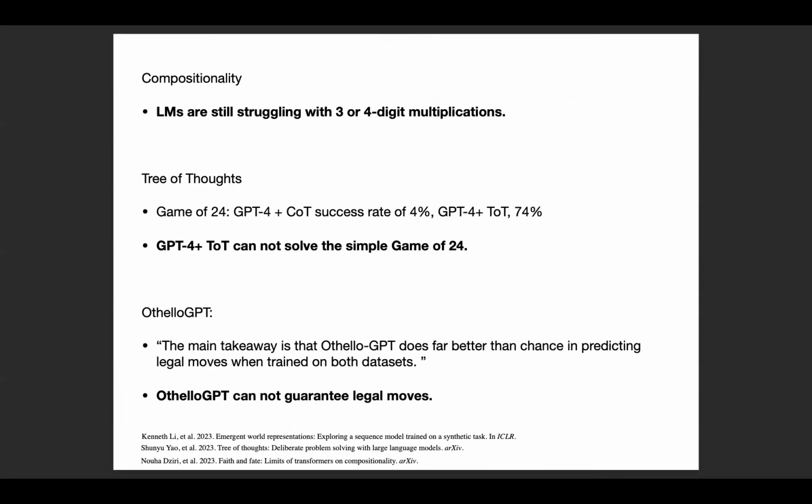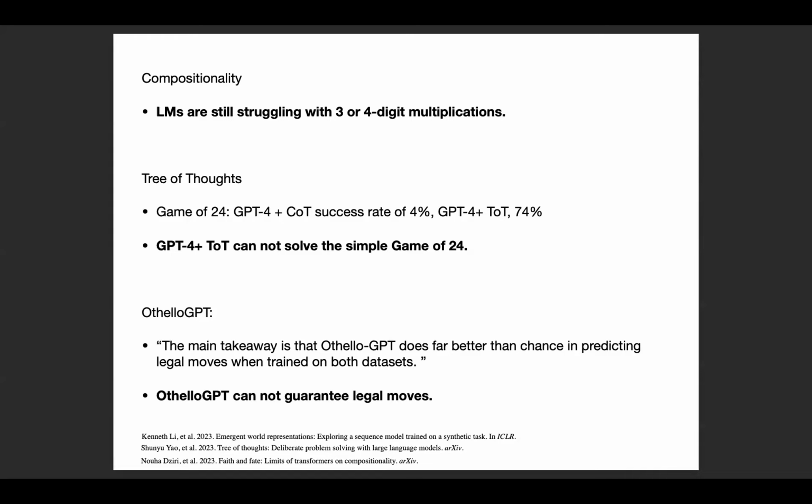Let me show you some simple examples. GPT-4 cannot solve all the three or four digit multiplications, a very simple problem. On the 24 problem, you have four cards and you try to get 24 out of them. But that's a first year programming assignment; just use recursion and you can do it.